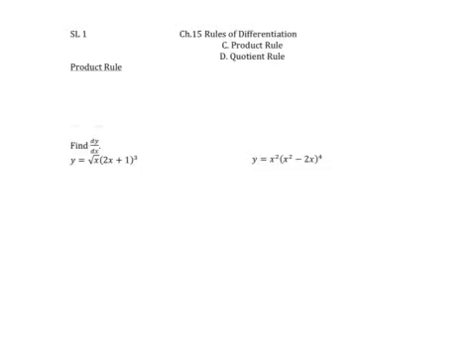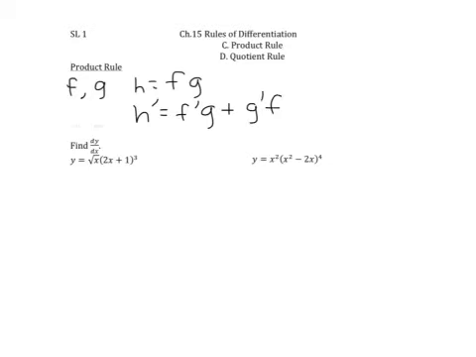In this video, we're going to be talking about a product rule and a quotient rule. First, let's define what product rule is. Product rule is when you have function f and function g, and h is a product of both f and g, and derivative of h would be f prime of g plus g prime of f.